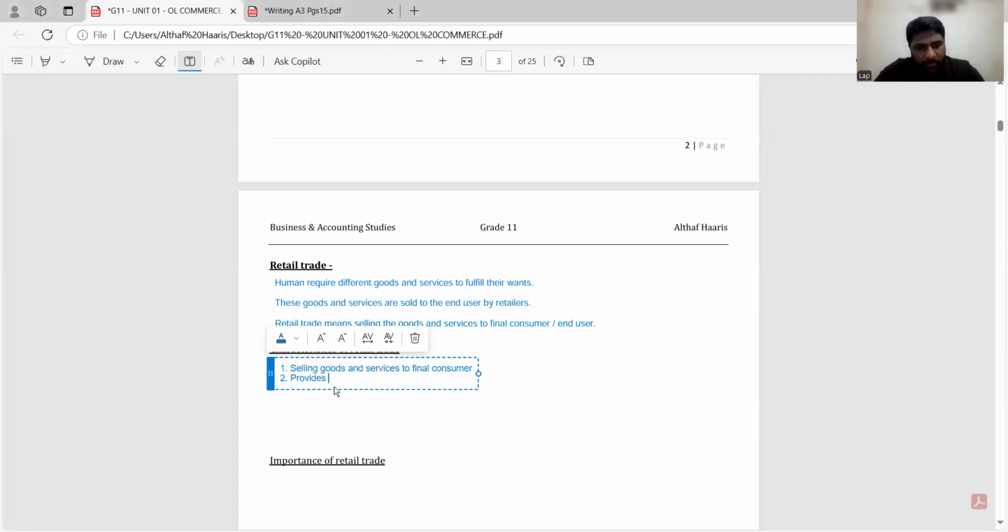Provides variety of goods. Now you just go to a grocery shop. In a grocery shop you can find rice. You can list a lot, no? Dal, sugar, Anchor, toothpaste, toothbrush, battery, cream, soap, shampoo, you name it, everything. In a grocery shop you can find it. So there are varieties of goods.